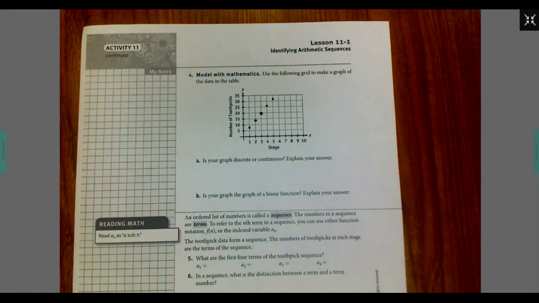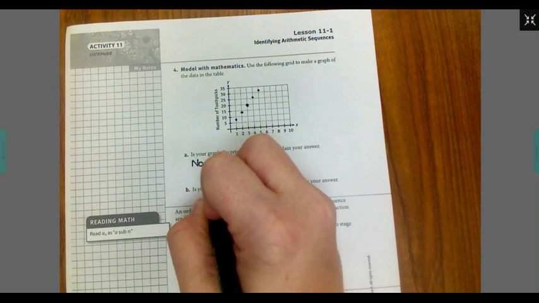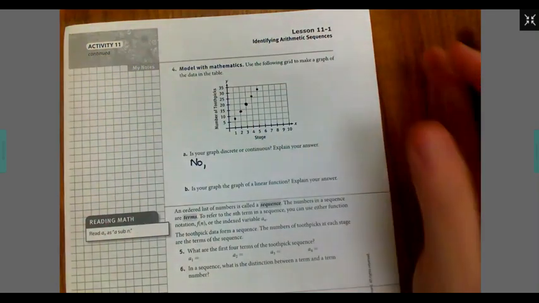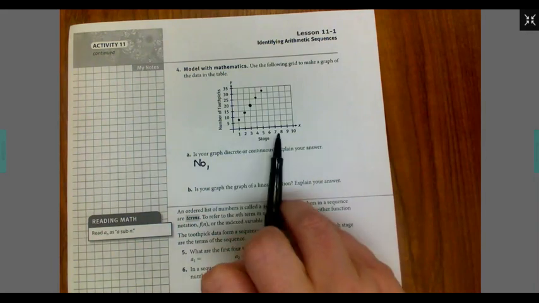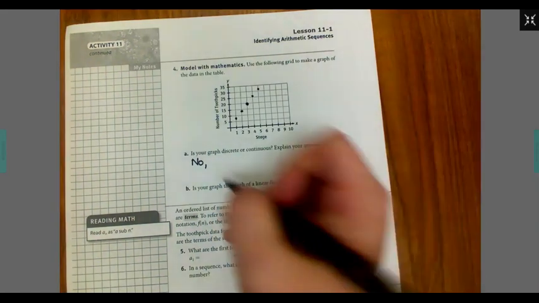Is your graph discrete or continuous? And explain. So could I connect these dots with a line? That's the question. The answer here would be no. We can have part of a toothpick, but I cannot have part of a stage. Because remember, my x's represented stage 1, stage 2, stage 3, and so on.